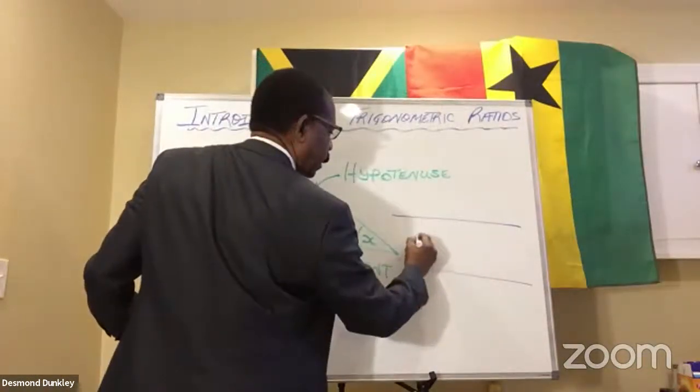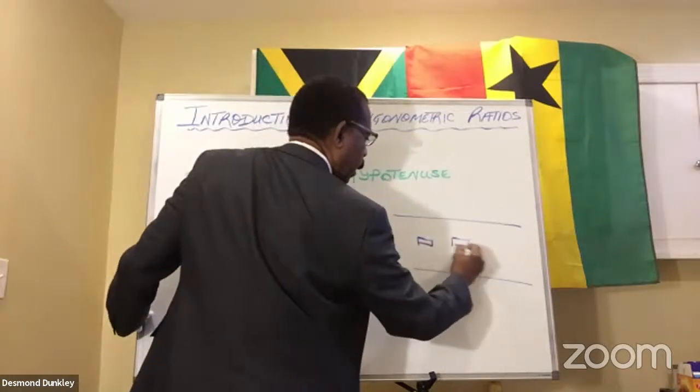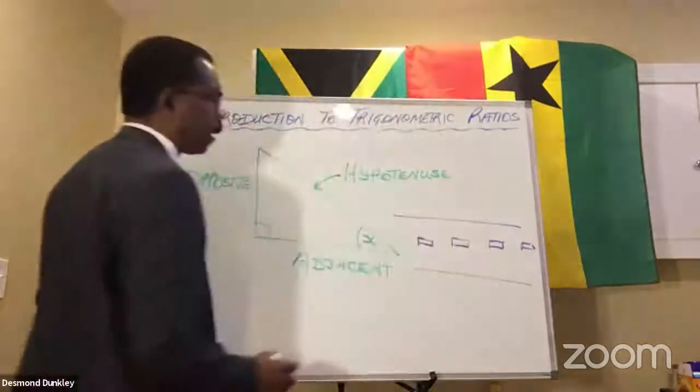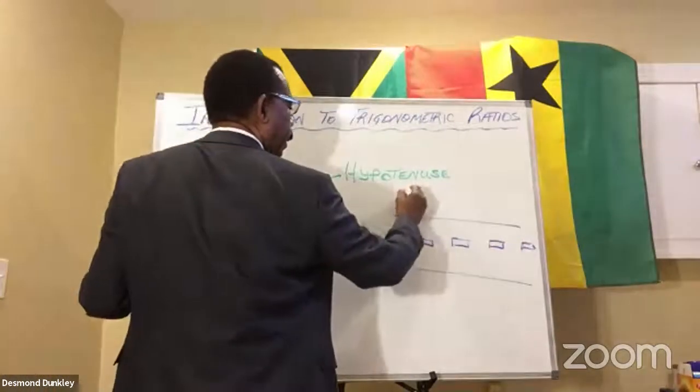And I always use the example of a street. If this is a street, you have houses here.